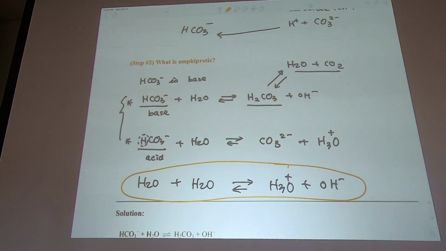Water is amphiprotic, right? If you look at the water here, the water on the left-hand side receives a proton, so this behaves as a base, whereas this one donates or loses a proton. So this one lost the H plus and became OH minus, so this is an acid. So water itself can be an acid or a base. So it is also amphiprotic.